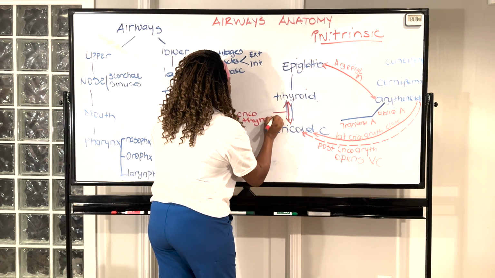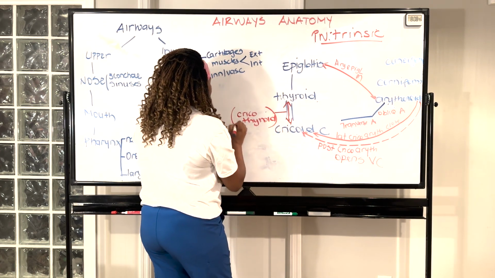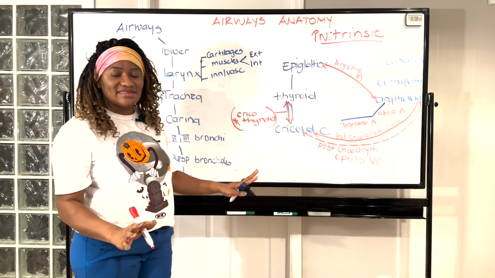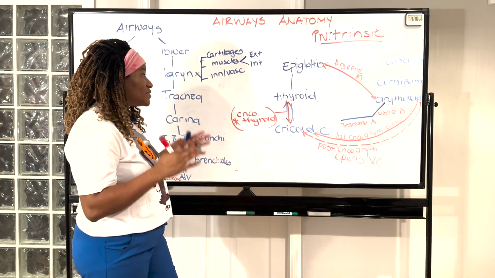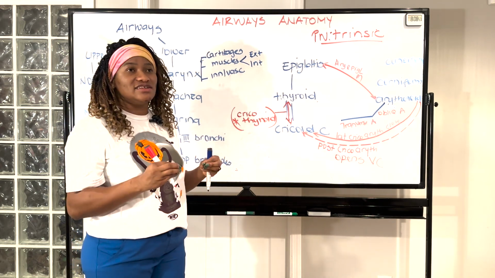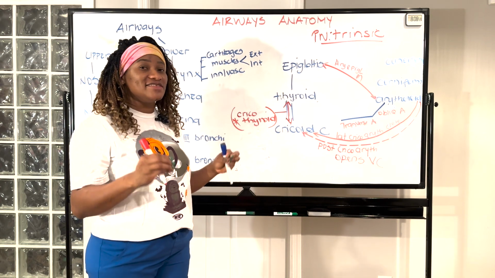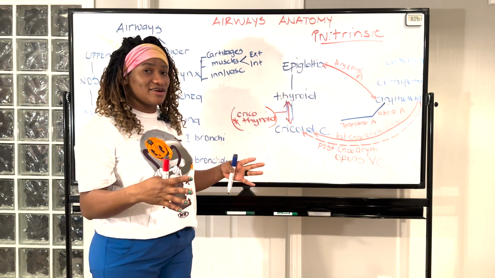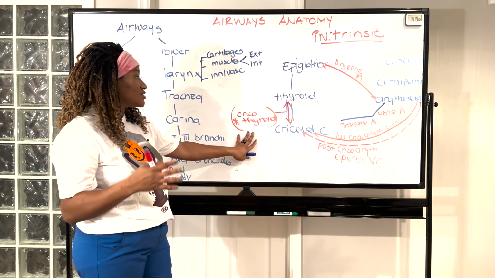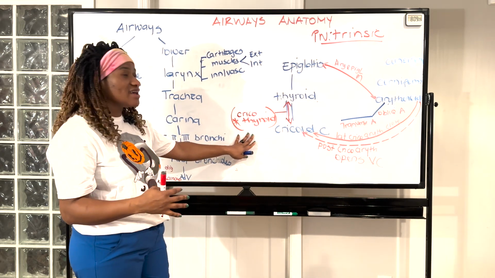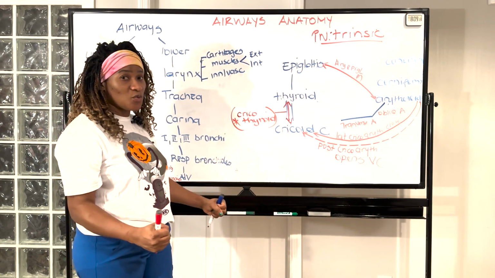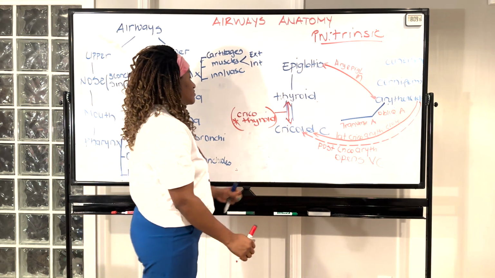The cricothyroid is a special muscle because it's outside the cartilage, and the implication of the fact that it's the only muscle outside the cartilage is that its innervation is going to be different from the others. We're going to talk about the innervation in a moment. So the cricothyroid muscle is outside the cartilage, and it helps tense the vocal cord.